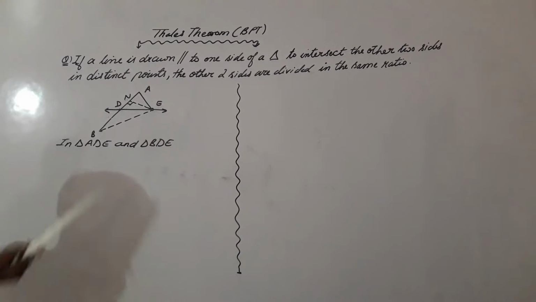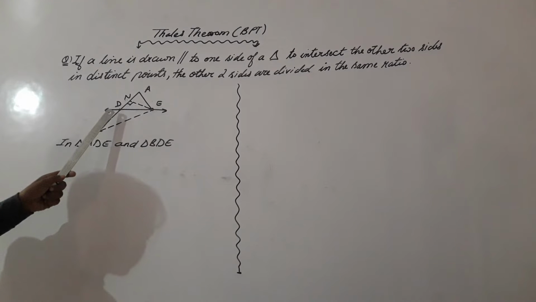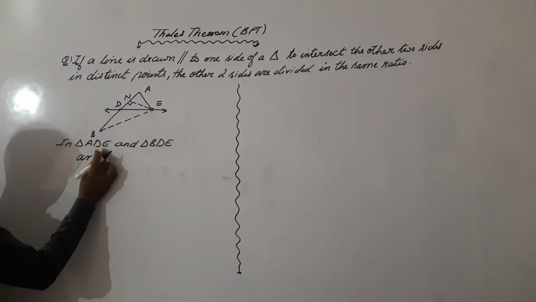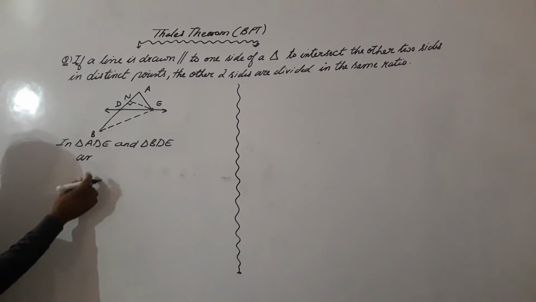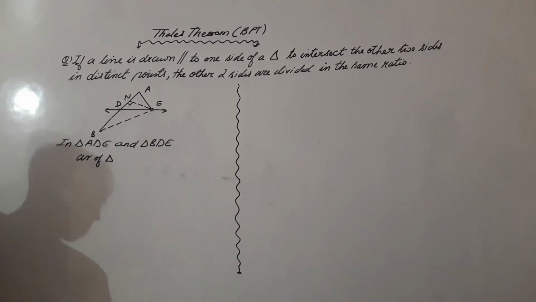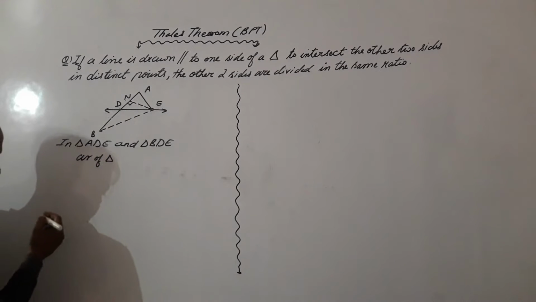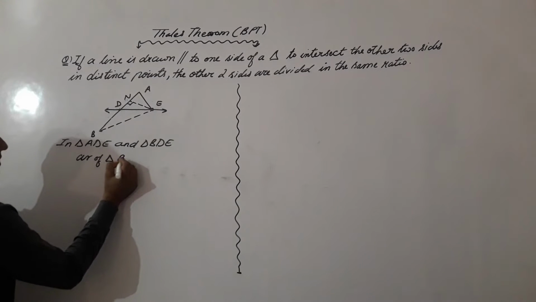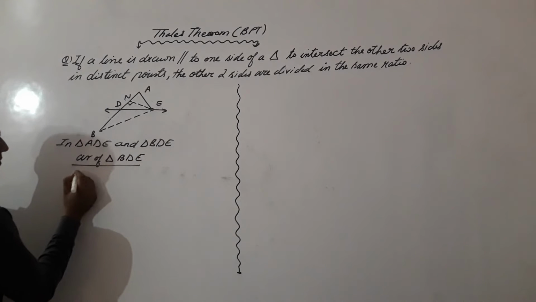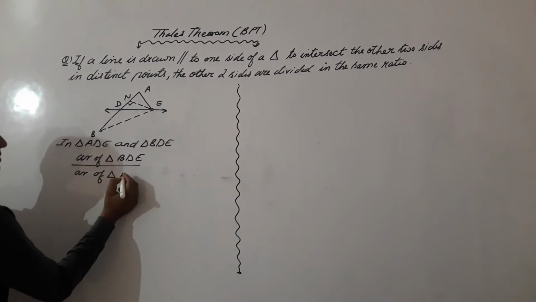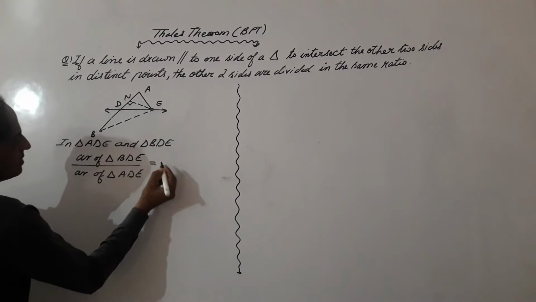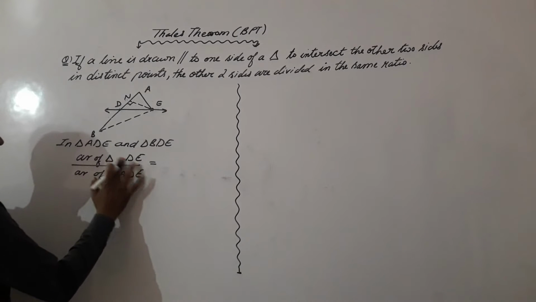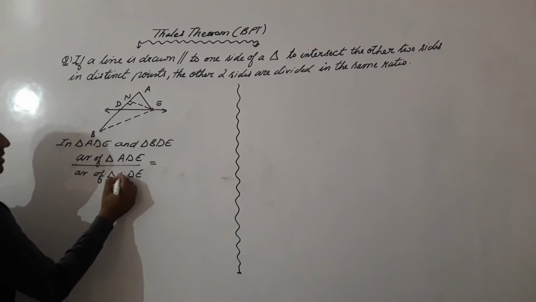So comparing the areas of these two triangles, let's write it like this: area of triangle BDE upon area of triangle ADE is equal to, well, you can take the smaller triangle ADE at the bottom and BDE on top.